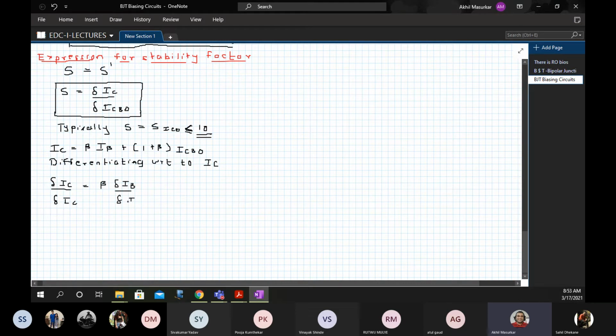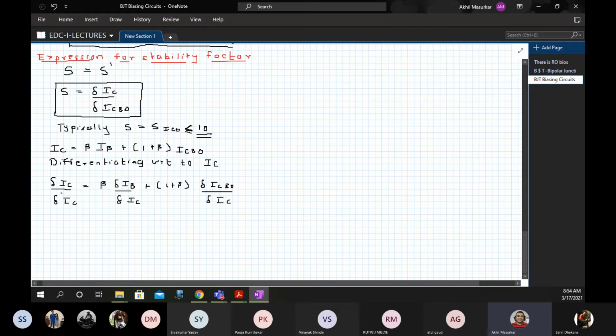We can write here delta IC upon delta IC is equal to, beta is a constant, so beta times delta IB upon delta IC plus 1 plus beta into delta ICBO upon delta IC. So beta and 1 plus beta are constants. We just differentiated on both sides with respect to IC.